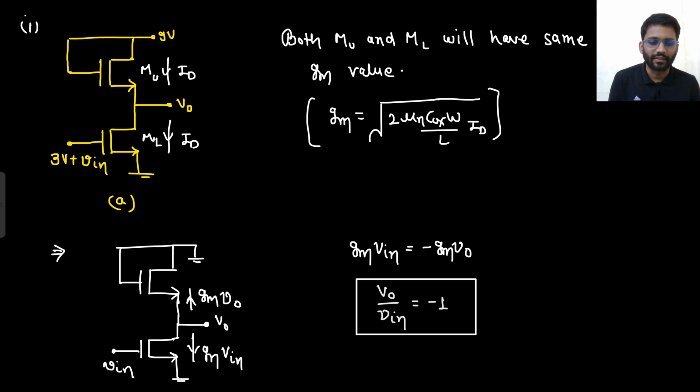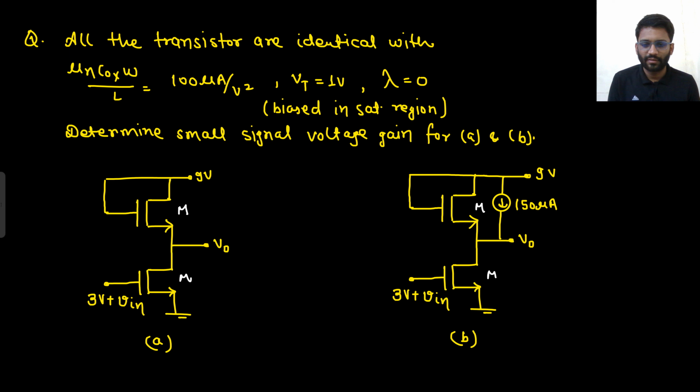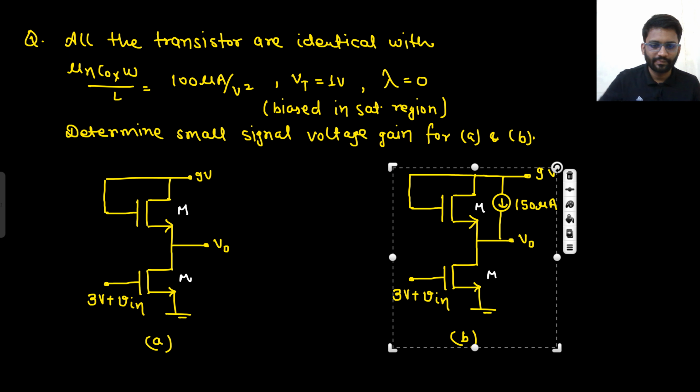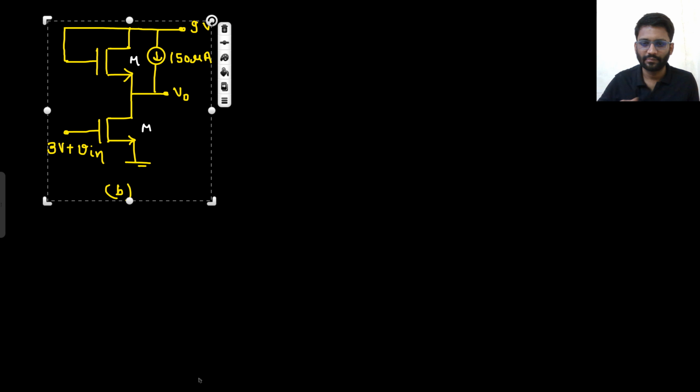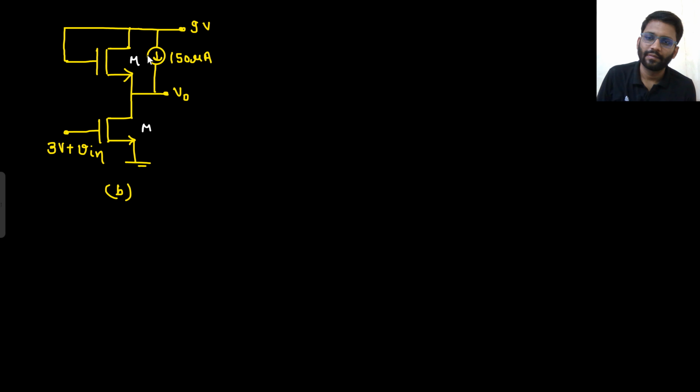Let's take the second circuit, this one. Let's call this one upper and this one lower. Whatever current is flowing here, this current is not the same. Let's call this current I upper and this current I lower.